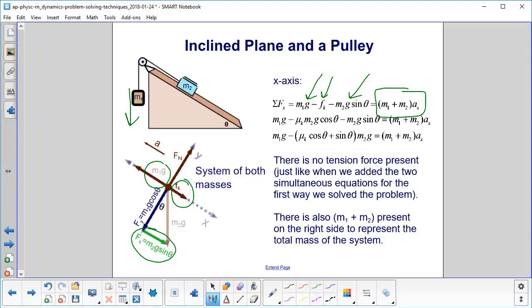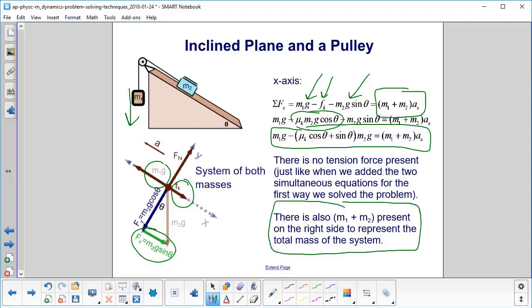We then substitute our value in for friction that we found on the previous slide, and we come up with this. Note, there's no tension force present, which is just like when we added the two simultaneous equations for systems 1 and 2 for the first way we solved the problem, when we dealt with two individual free body diagrams. And again, can't emphasize enough, there's an M1 plus M2 naturally present on the right side to represent the total mass of the system.